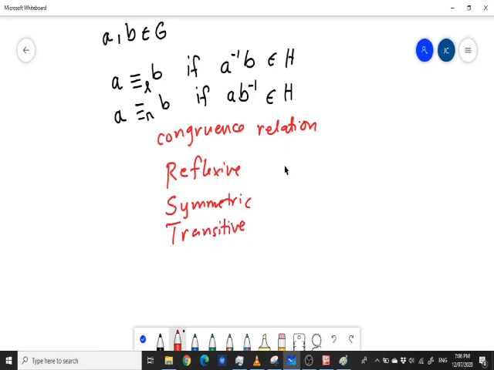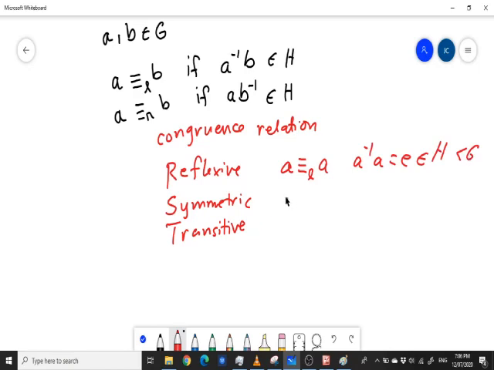So, reflexive, ibig sabihin, A is focused sa left relation. A is related to A because why? By definition, A inverse A is the identity, and obviously the identity belongs to H because H is a subgroup of G.